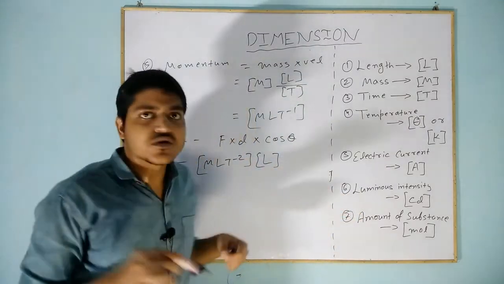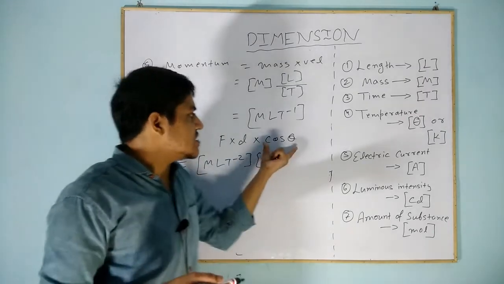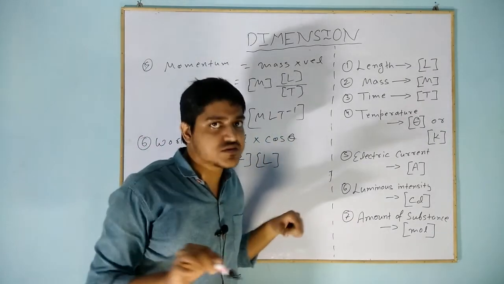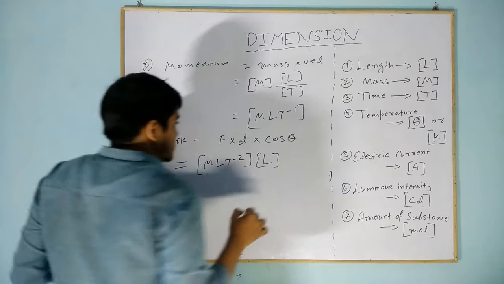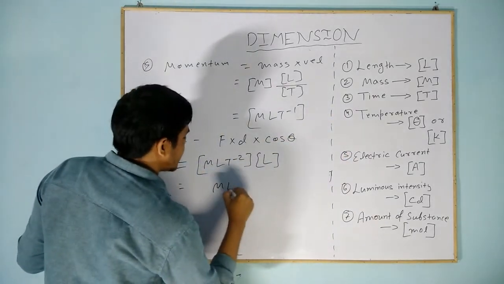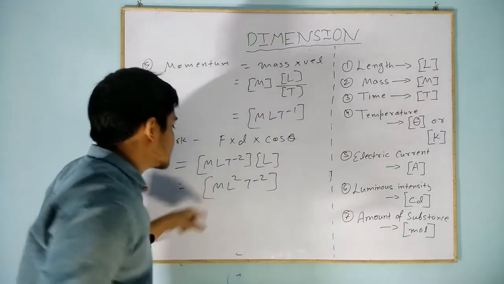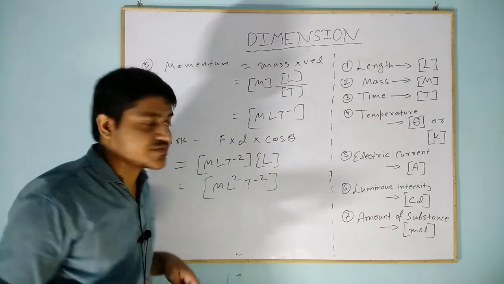Cos 30 degree is root 3 by 2, cos 60 degree is 1 by 2. Clear? So just ignore the cos theta part. The dimension of work came out to be M L square T raised to the power minus 2. This is the dimensional formula, of course. The dimension of work is 1 in mass, 2 in length, and minus 2 in time.